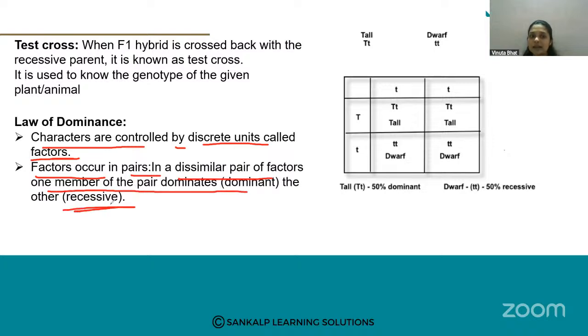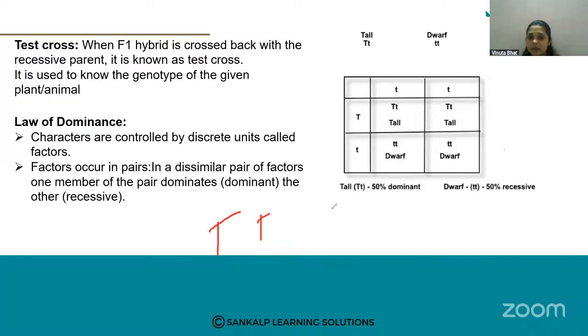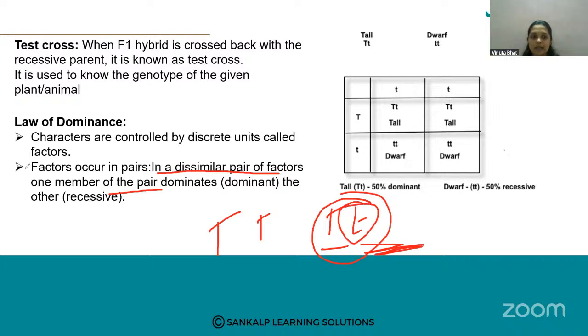So other is the recessive. Here factors occur in pairs. Okay. So for example, capital T or capital T, small t. So these are called as factor alleles in dissimilar pair. So this is the dissimilar pair. So one member of the pair dominates the other recessive. Okay, so that is the law of dominance.